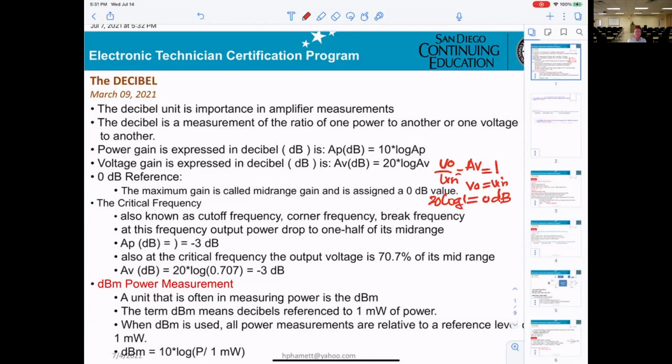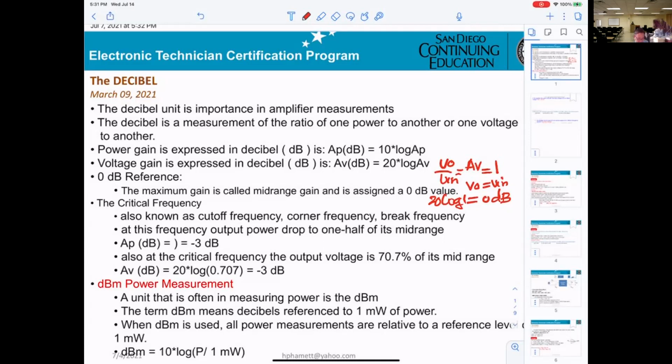So minus 3 dB means at the cutoff frequency, if you're using power, then the power drops to 1/2. That means 0.5.